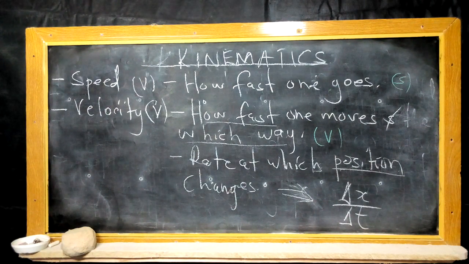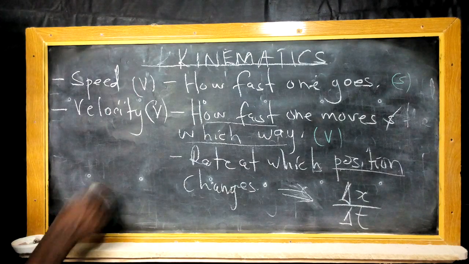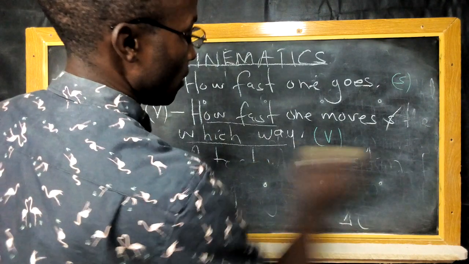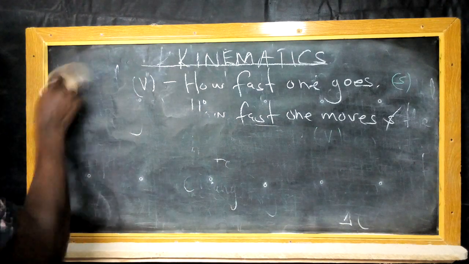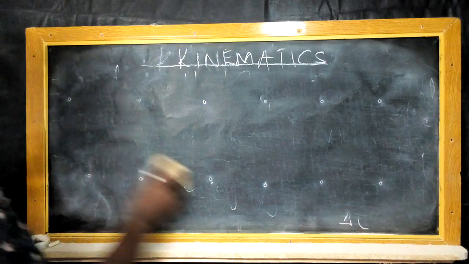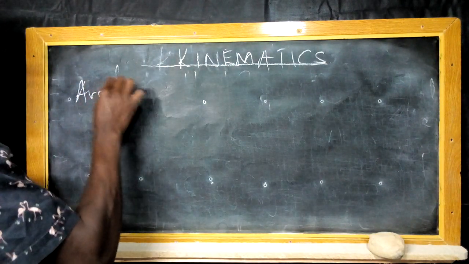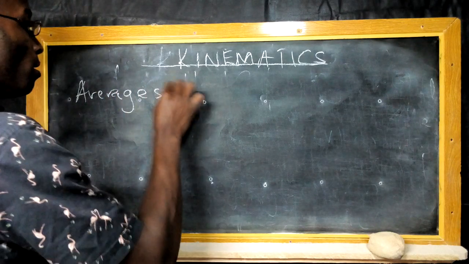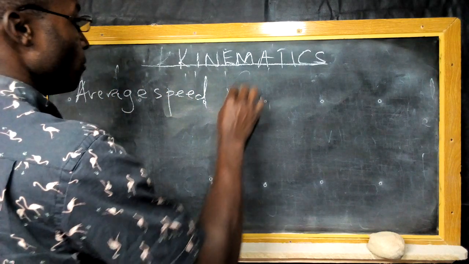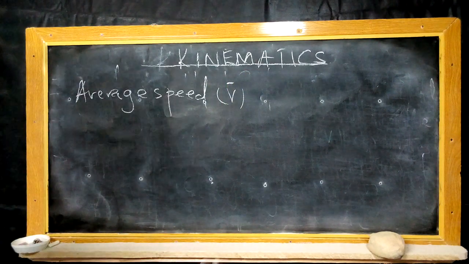Then we are going to look at the term average speed. Average speed is denoted as v with a bar over it, and it is given by the distance over time.